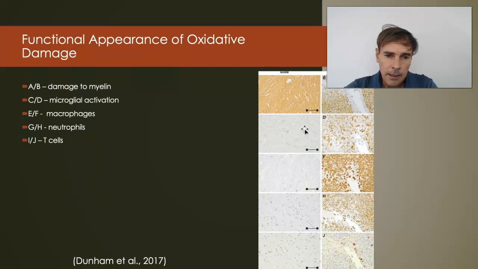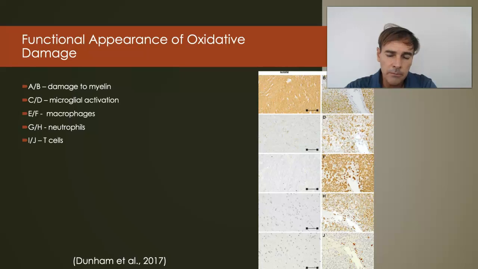This is showing microglial activation. So microglia are cells in the brain that act as immune agents, kind of like part of the immune system in the brain. And here you can see before and after. Here they're relatively quiet, and here they're very active. That's indicating an inflammatory response to the oxidative stress.